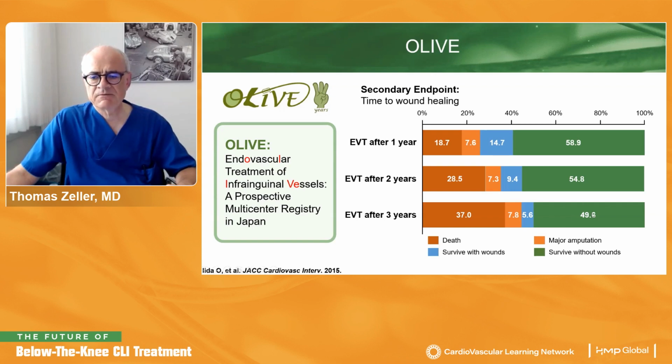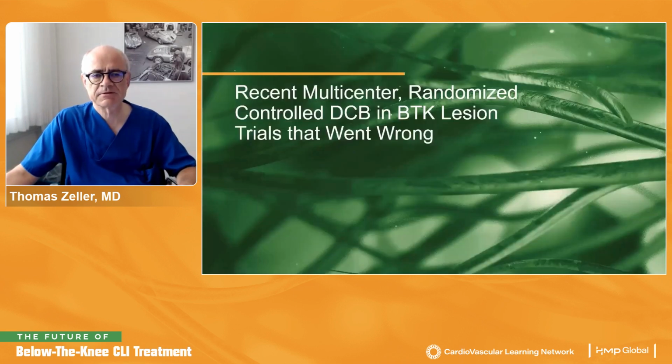And about 50% of those patients will survive without wounds. So this is the target population. And what we need to look for is this particular population, which is undergoing major amputation or is still presenting with wounds after the initial endovascular treatment.